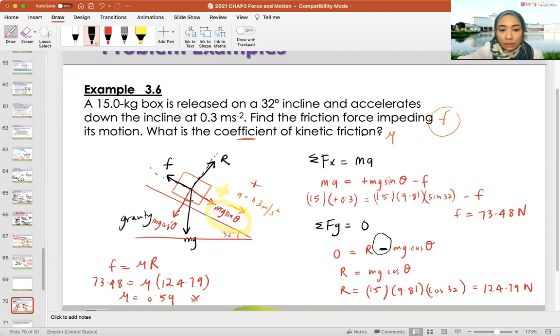Okay? So kalau kita tak pakai approach free body diagram ni, let's say you know that there is a reaction force and there is some component of gravity going down. You said, okay, I want to add both of these forces together. Boleh. So plus mg cosine theta. And then you said, oh, gravity is going down. So this guy becomes minus g. Boleh juga, sama je.